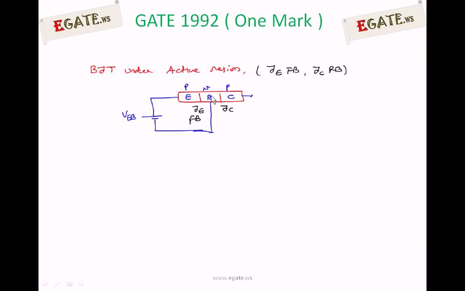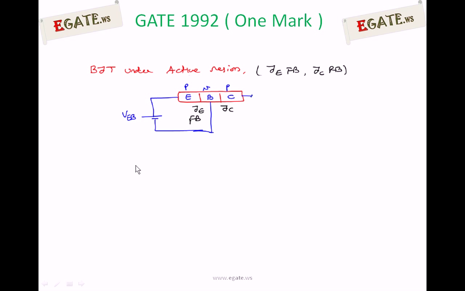We are assuming a PNP transistor, so we apply VEB, some positive voltage across the emitter base junction, so that this junction is forward biased. JE is forward biased. We know that under forward bias the potential barrier reduces, that is the width of the potential barrier reduces as well as the height of the potential barrier reduces.